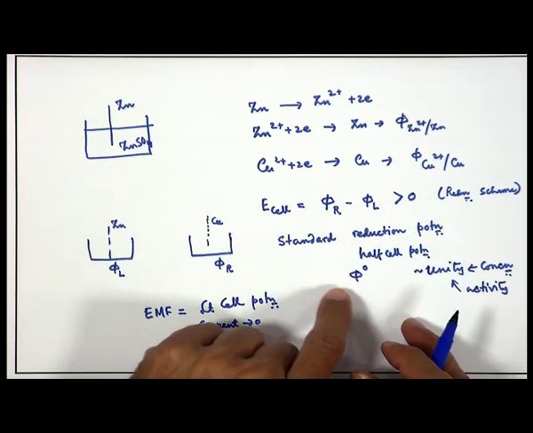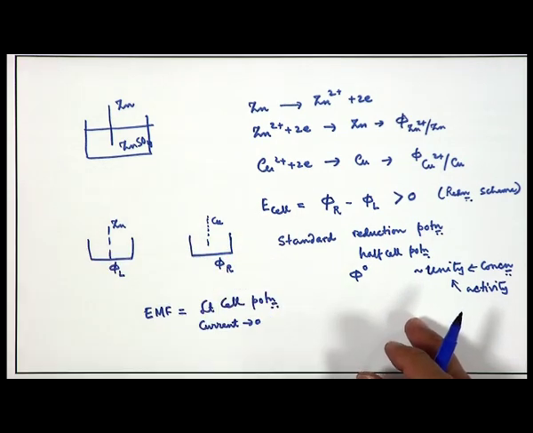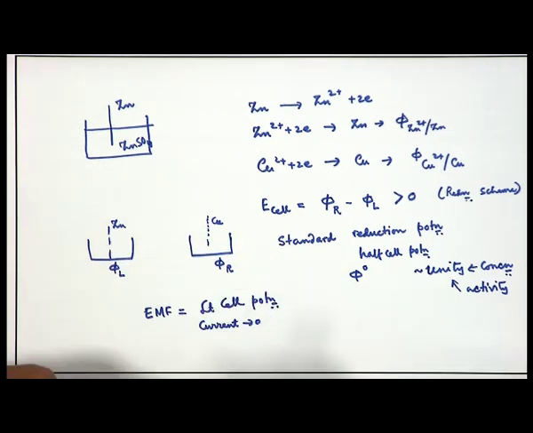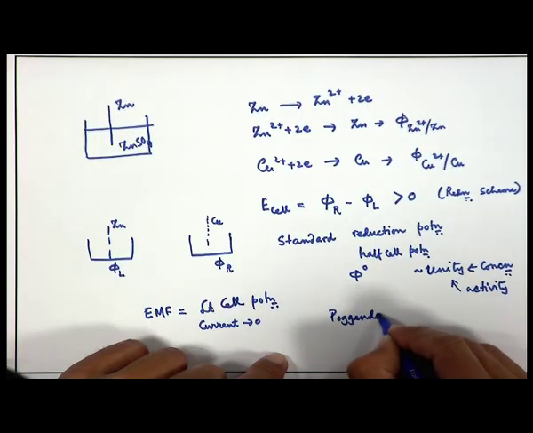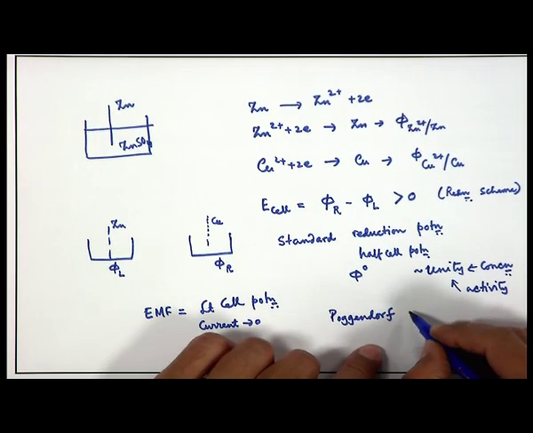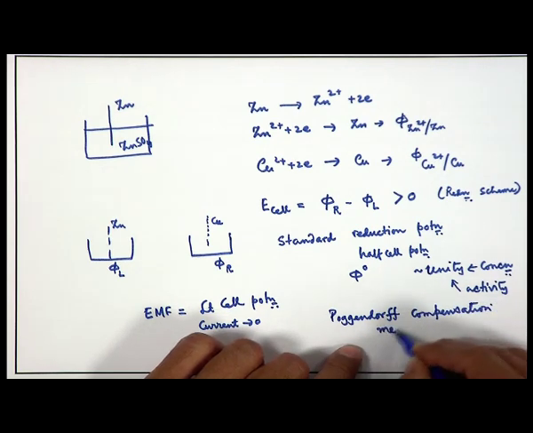So, next comes how to find out this E cell. You can use a voltmeter, but a voltmeter is not a good choice. So, you use what is called the galvanometer, with the help of a specific method which is called the Poggendorff compensation method.